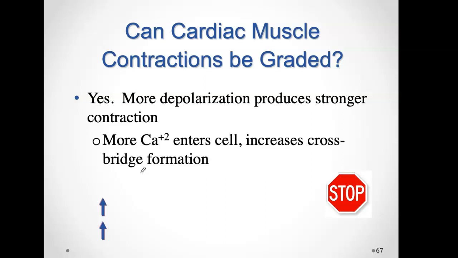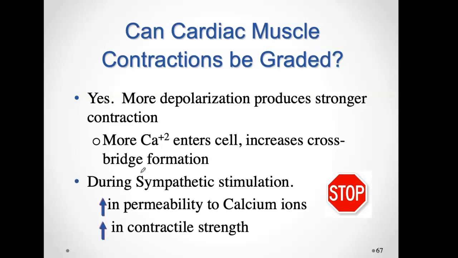More calcium is going to enter the cell, increasing that cross-bridge formation. If you have more calcium in there, then myosin can stay attached for longer. If it stays attached for longer, then it's going to be able to contract more forcefully because it will be able to slide more. So this we think of always doing sympathetic stimulation.